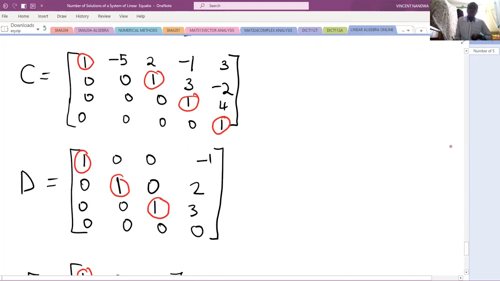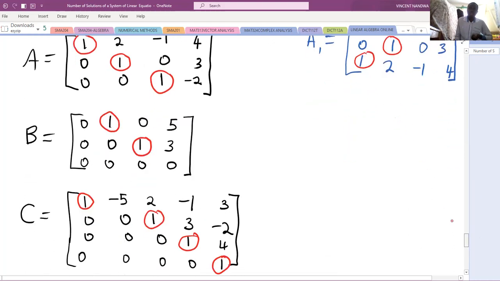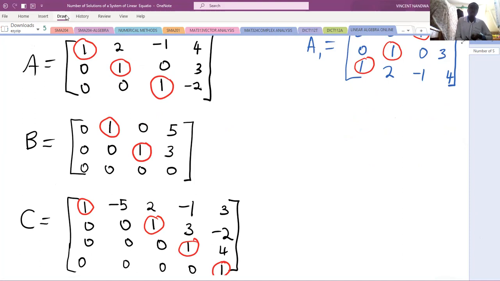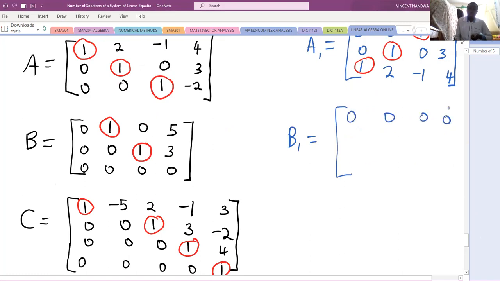And then if I have this example, if I call this matrix B1, if now I have 0, 0, 0, 0, and then I have 0, 0, 1, 3, 0, 1, 0, 5, then this matrix is not in row echelon form for several reasons.